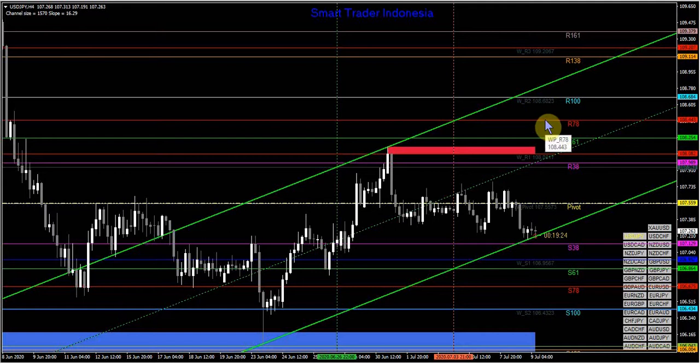If I'm selling here at R78, I'll be taking my profit here at R61. The stop loss depends on everyone who's trading. You can put your stop loss at 50 pips, at 100 pips, it's up to you.